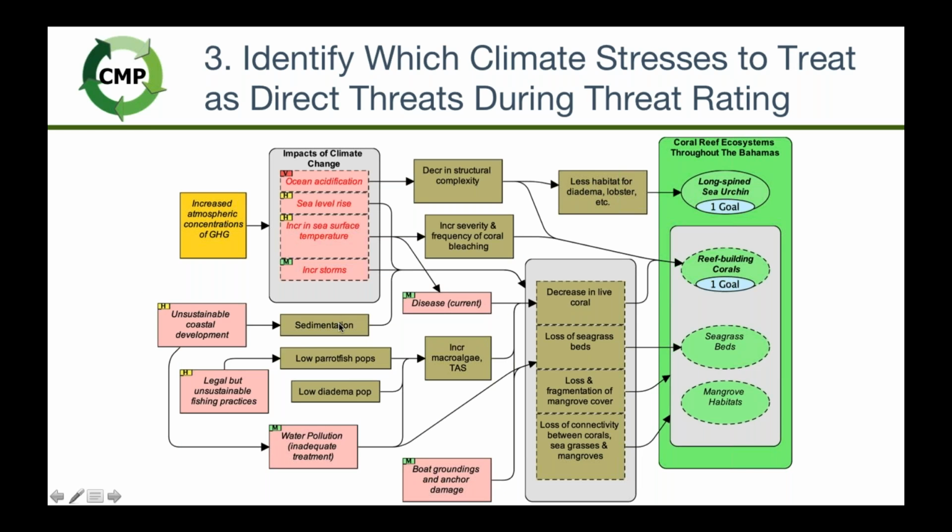So this team treated sedimentation as a stress.